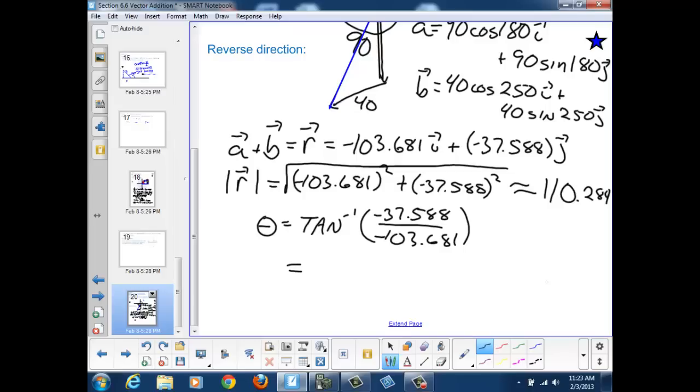And that gives us a measurement of 19.927 degrees. But because we're using two negative sides, our angle should be placing us in the opposite quadrant from 19.927 degrees.